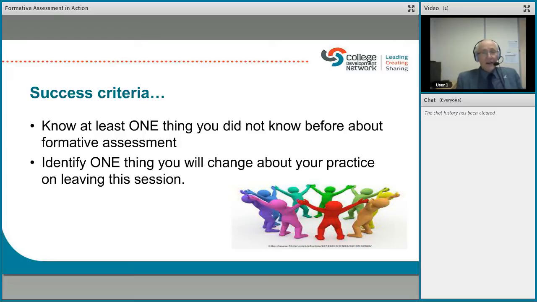But I think if I was to say formative assessment to a group of school teachers, college lecturers, higher education lecturers, I think the one word that would pop into their head is the word feedback. And basically, that's what formative assessment is. Feedback, feedback, feedback.